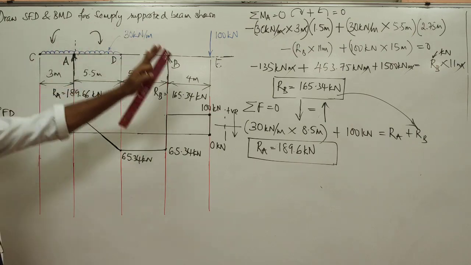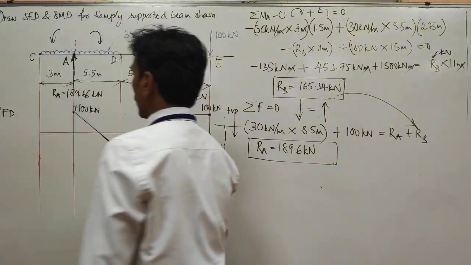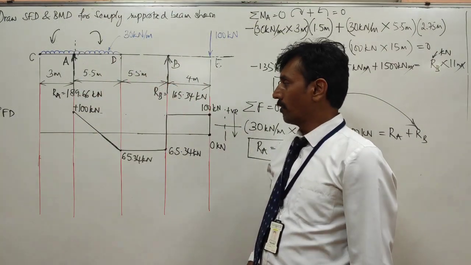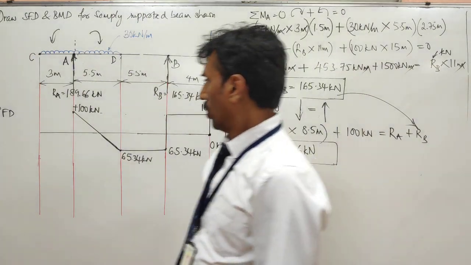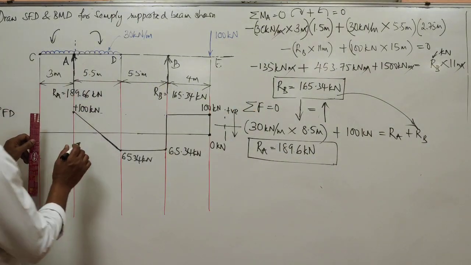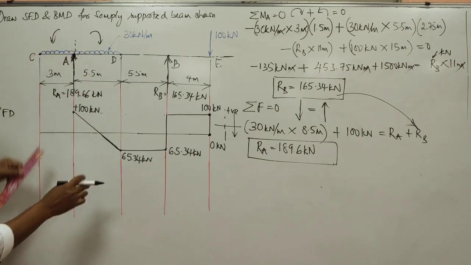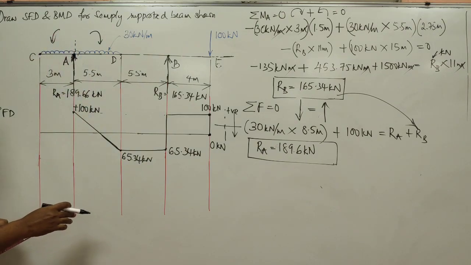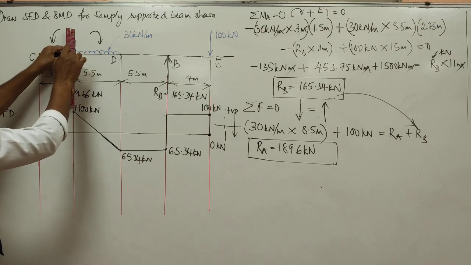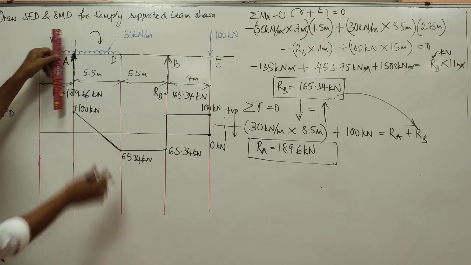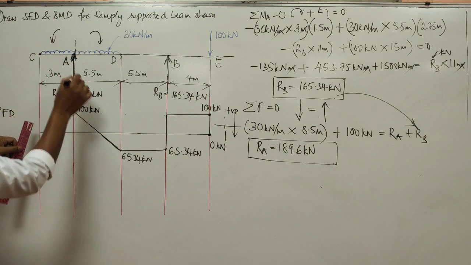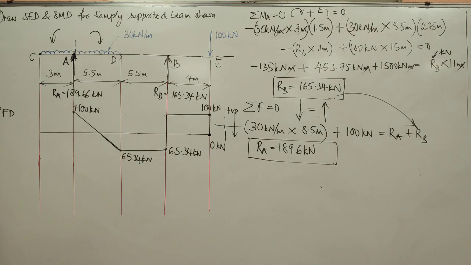So instead of seeing on the right hand side, let us see what will happen on the left hand side. Here we have seen up to this point, where we have not considered this force, which is 189.